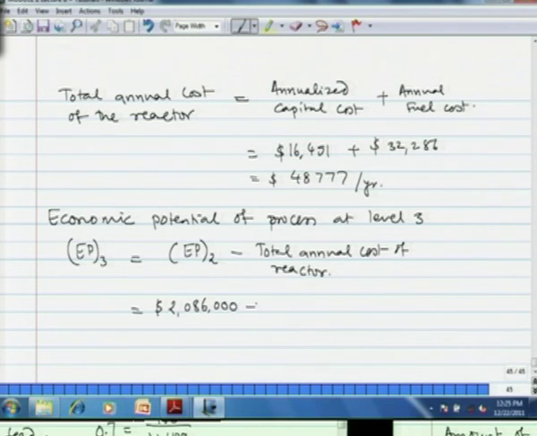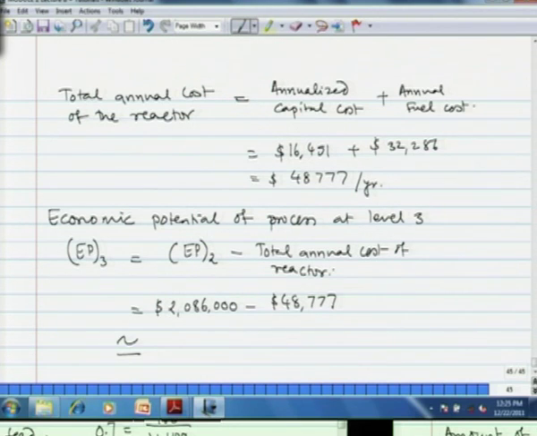For simplicity, we take the approximate value after adjusting these figures to the nearest integers, like 48,777 we adjust to 49,000 and 286,000.